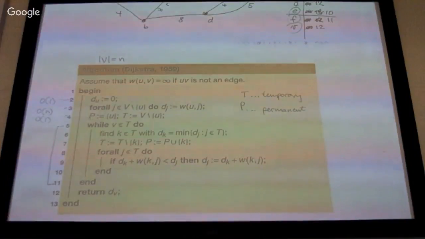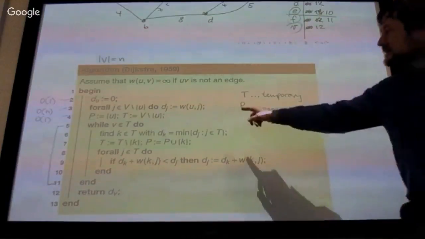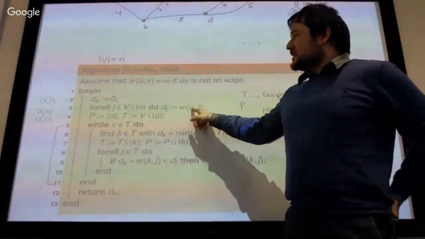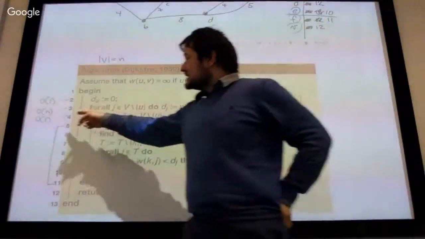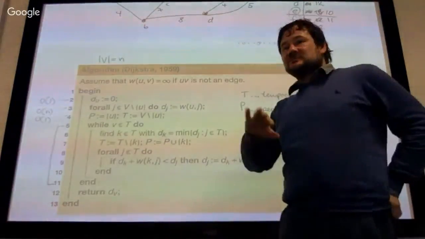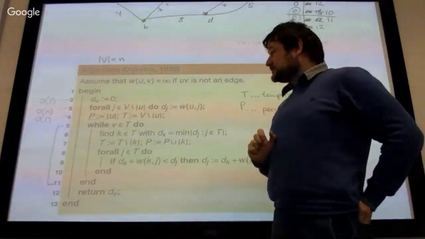Isn't it still to do with how many nodes we've got? It's about the input size. Exactly. So this thing is done about n times, once for every vertex. Roughly n, order of n.